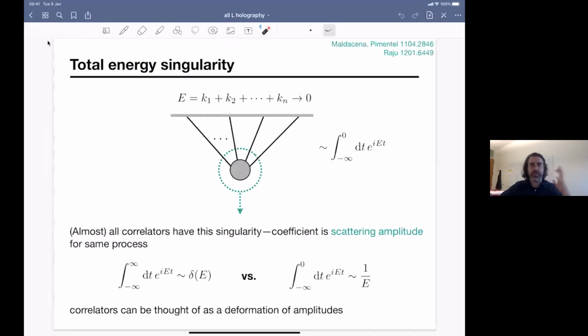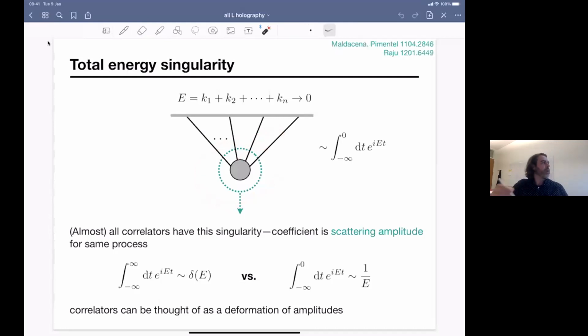First, let's think about this total energy singularity. Let's imagine we analytically continue the energies such that the total energy involved in the process adds up to 0. This can't happen for physical kinematics, but I can imagine going off into the complex plane and having the total energy add up to 0. Sorry, let me say it a different way.